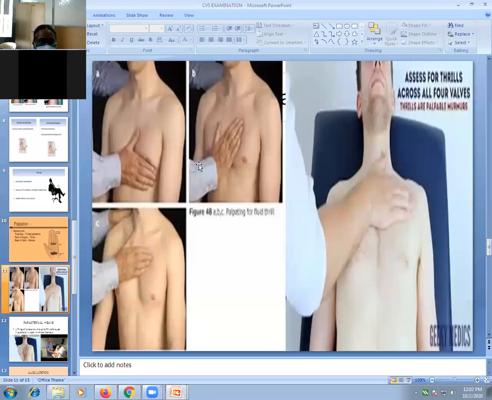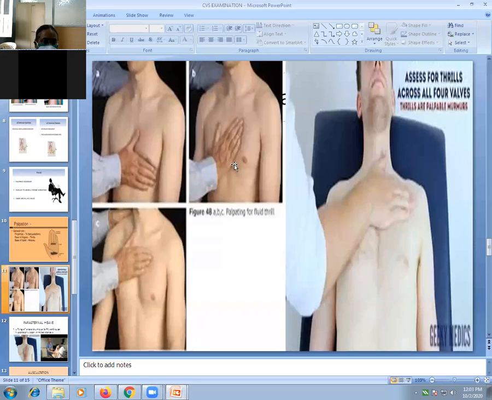See, this is the palpation of thrill. You have to palpate the mitral area, pulmonary area, aortic area, and tricuspid area. All four areas. This is the position of the patient. You keep your hand like this, and at the base of the fingers you check whether you are feeling any vibration or not. If you are feeling vibration, that means thrill is present.